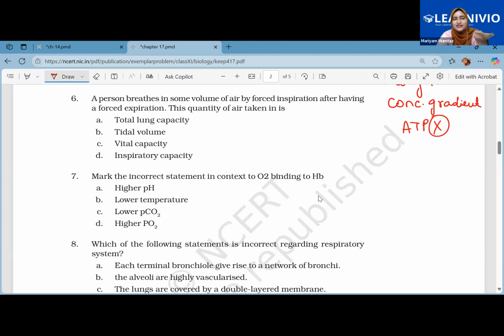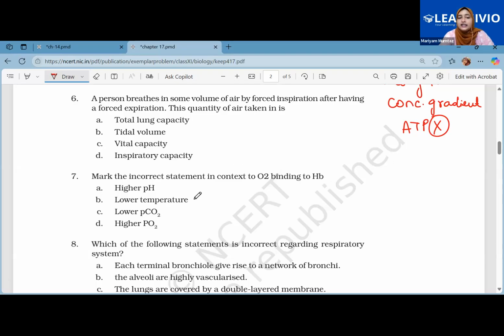If you people are not able to answer, I'll give you that benefit of the doubt, because capacity and volume you people have to learn. It will be vital capacity. After forceful inspiration, however amount of air you can forcefully expire, or after forceful expiration, how much you can forcefully inspire is vital capacity.